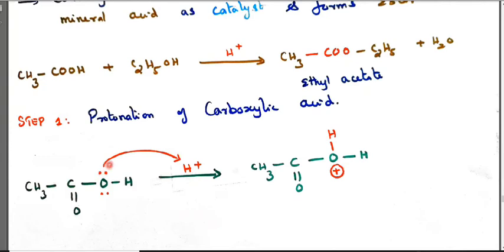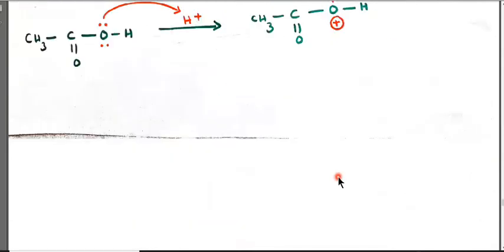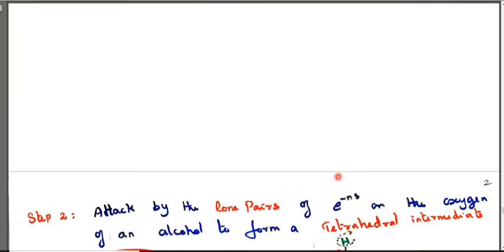One of the lone pairs of electrons is shifted to H plus from the acid, which is protonation. In CH3C double bond O, this O and H belong to the original acetic acid, but the red H is the new entry. After donating the lone pair, oxygen becomes positive. This is called protonation of the acid.